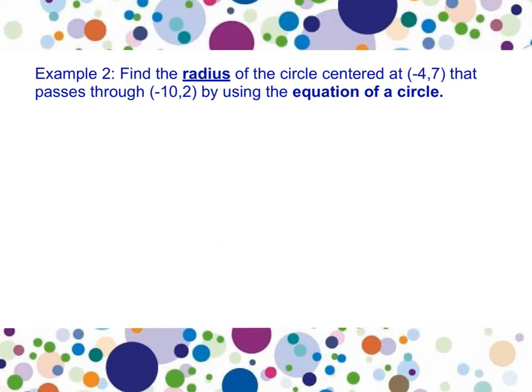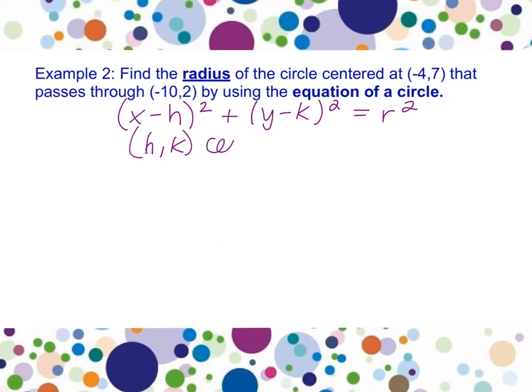So we know that the equation of a circle can be written as x minus h in parentheses squared plus y minus k in parentheses squared equals the radius squared. And we know that the point h comma k is the center of the circle.